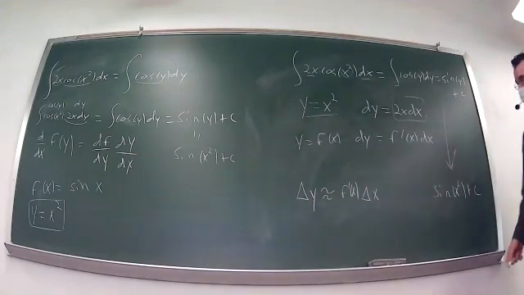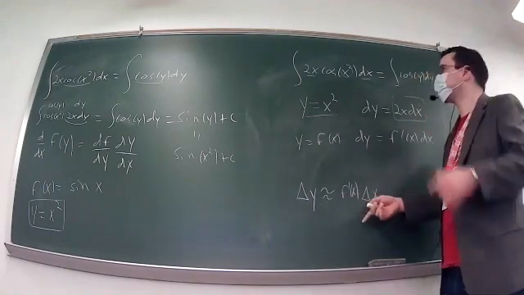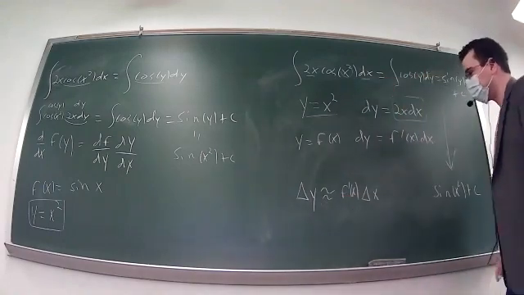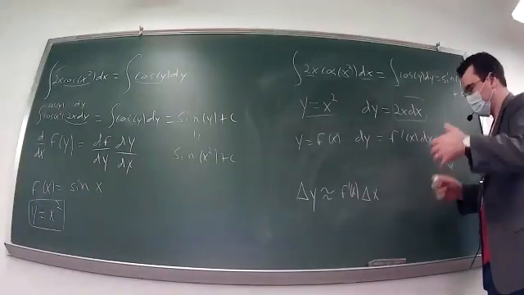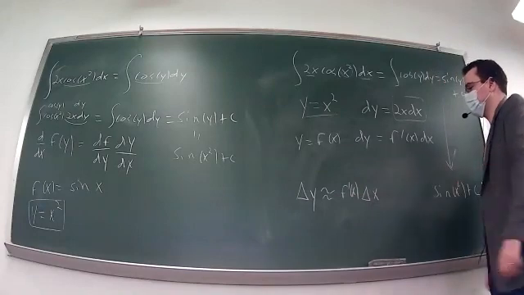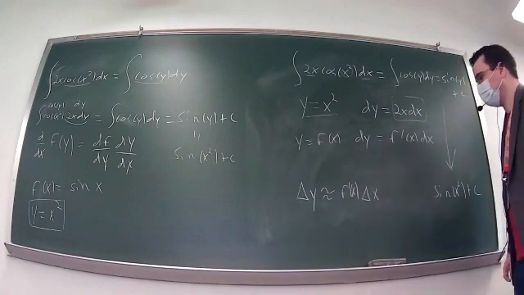There's no problem with this formula, but the issue in using it in actual calculations is this squiggly equal sign. But as you take the limit as delta x goes to 0, that squiggly equal becomes literally equal.